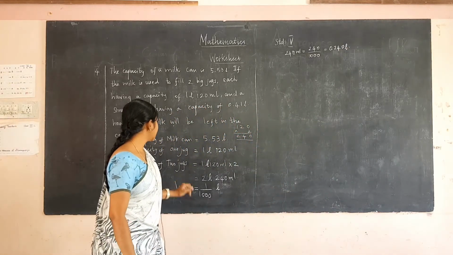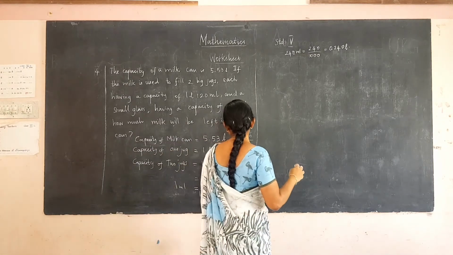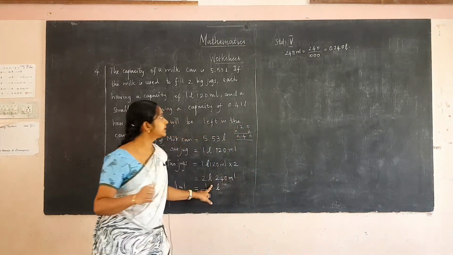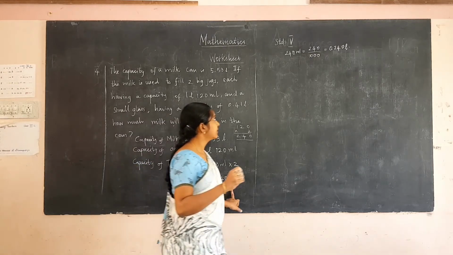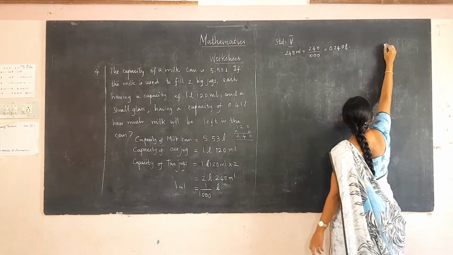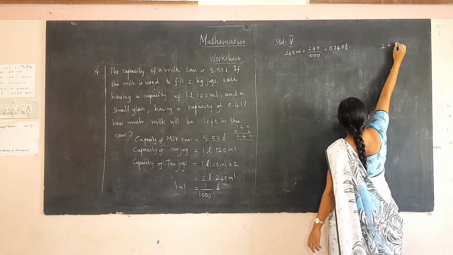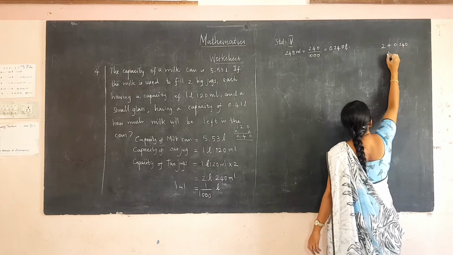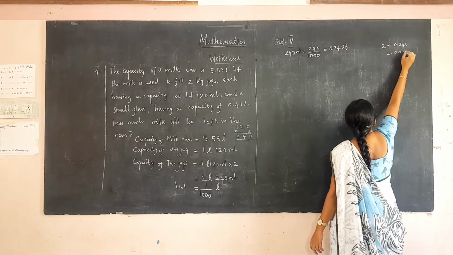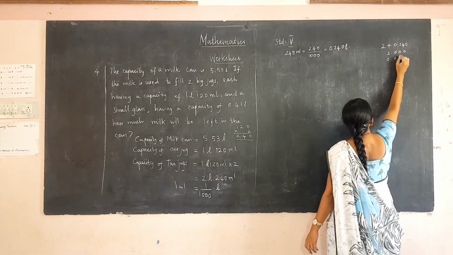So totally the capacity of two jugs is, we have to add 2 liter and 0.240 liter. We have to add 2 liter and 0.240. 2.000 plus 0.240.